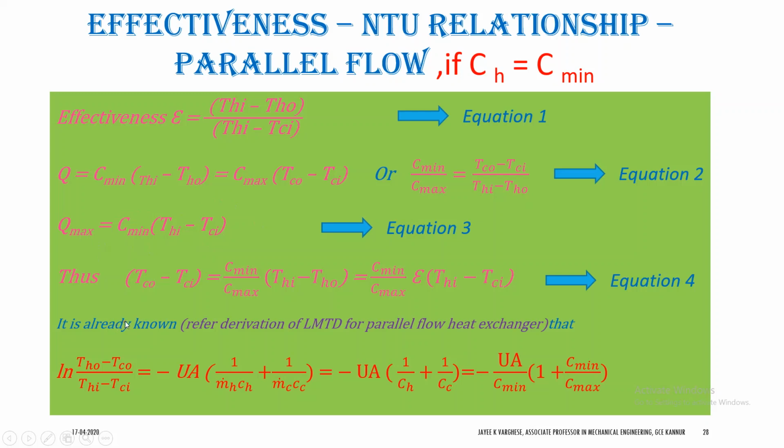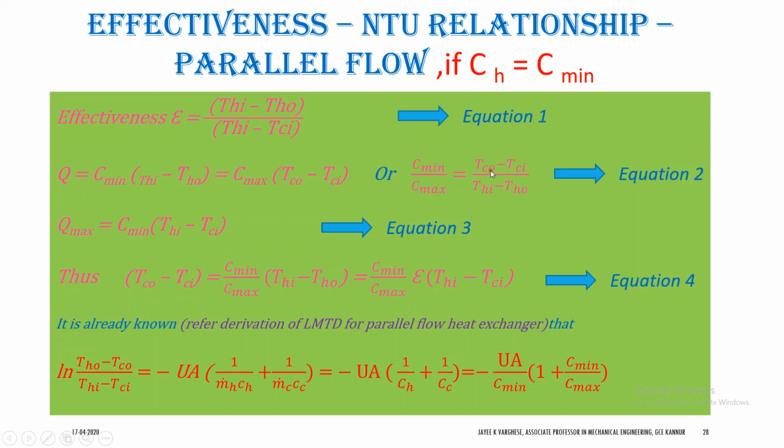So we can write TCO minus TCI is equal to C min by C max into THI minus THO. You might wonder why we are writing this now itself, because these relations will be useful later. We'll appreciate anything only if we know why we do so. So you'll come to know why we do so.